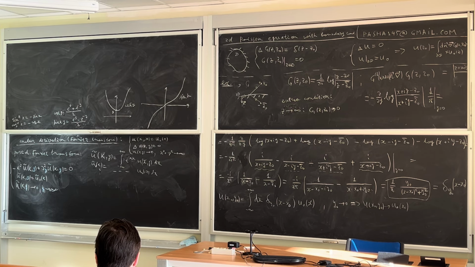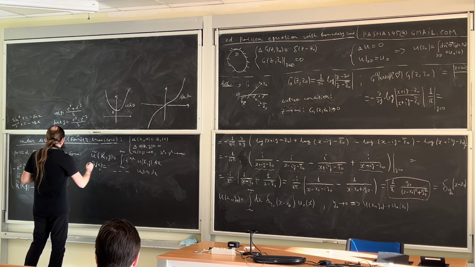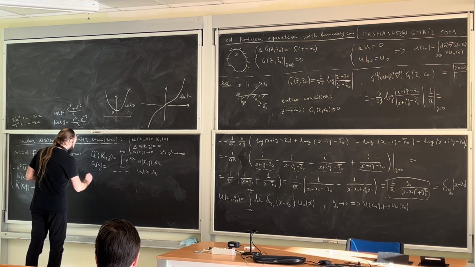u0 tilde of k times e to the minus ky. Yes, almost. So let's first write this formula. It's pretty close to the correct one.